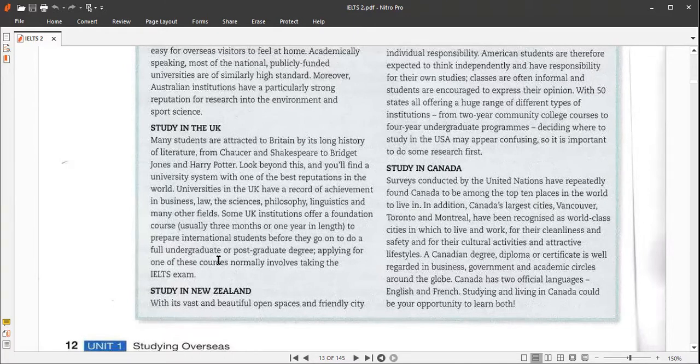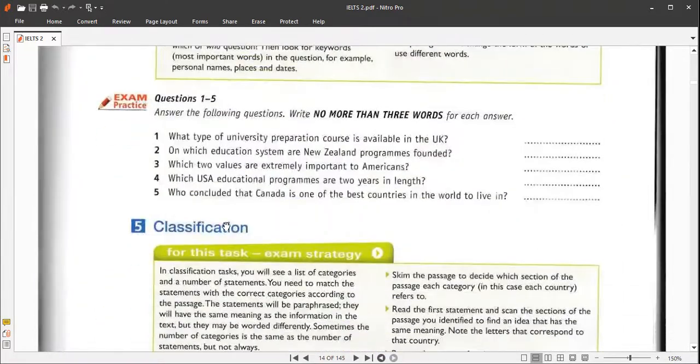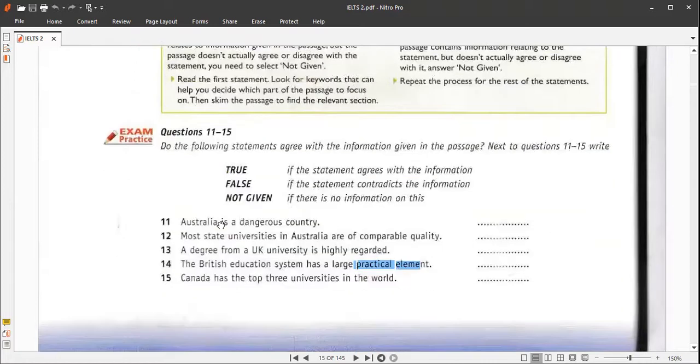I don't find anything about a practical element, nor something denying that, so we can say that there is no information there, so the answer should be not given. There's number 14, not given.